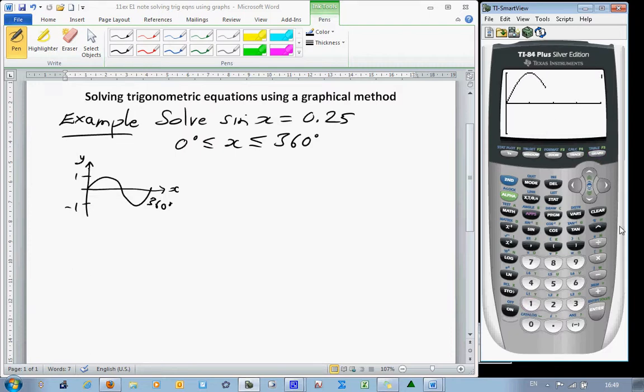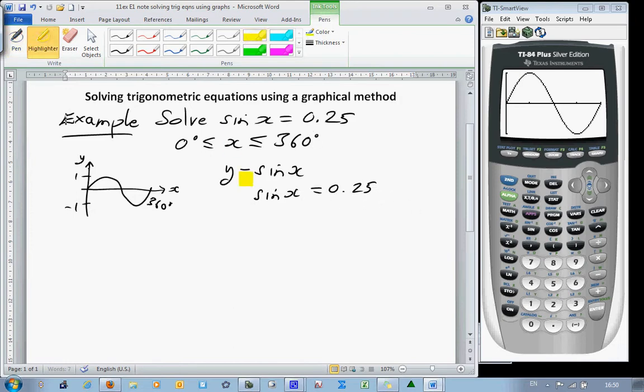Now we're trying to solve sine x equals 0.25. Well, what we've just done is we've graphed y equals sine x. And so if we compare y equals sine x with sine x equals 0.25, those two must be equal.